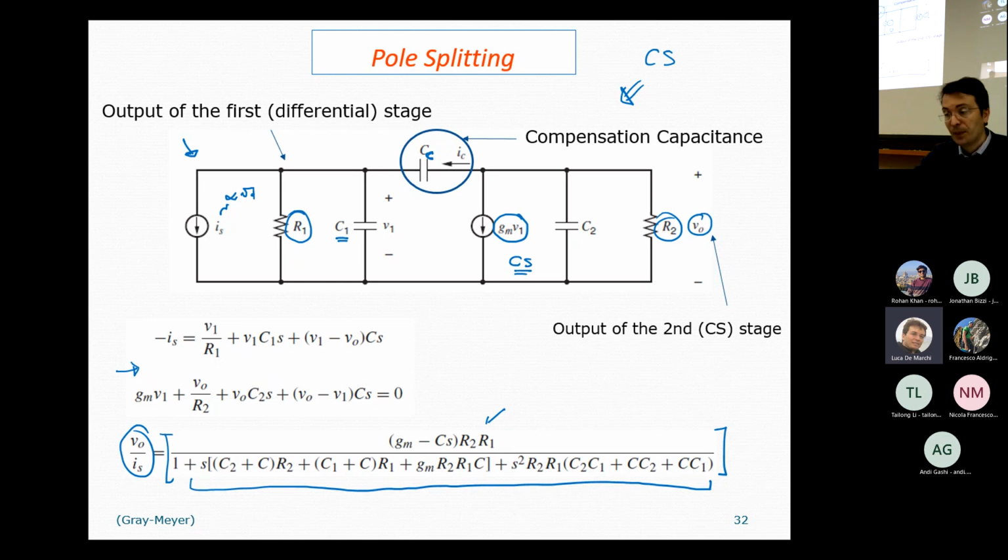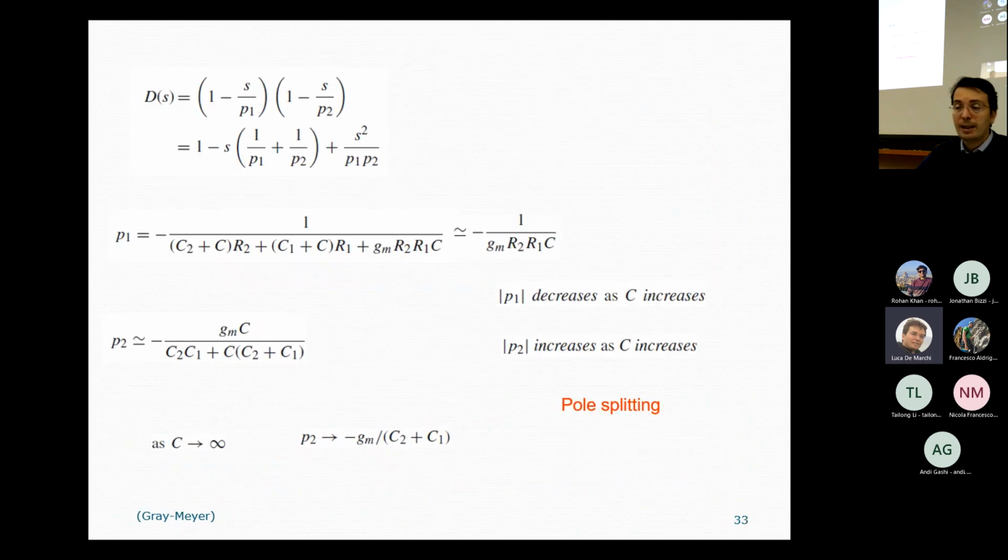After the break, we will analyze the pole values. The zero can be easily found by nulling this quantity here, which is done when the angular frequency of the zero is equivalent to Gm over the compensation capacitance. Okay, so let's have a short break and then we will discuss the pole splitting effect.